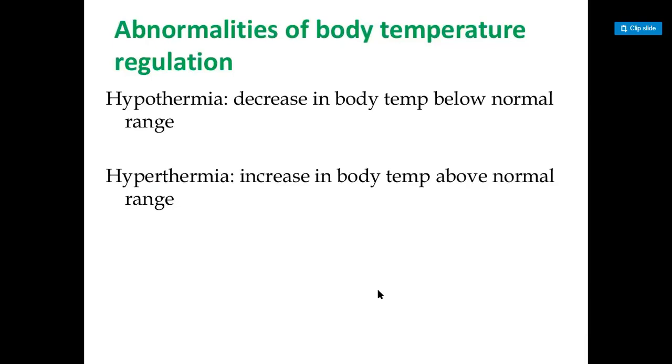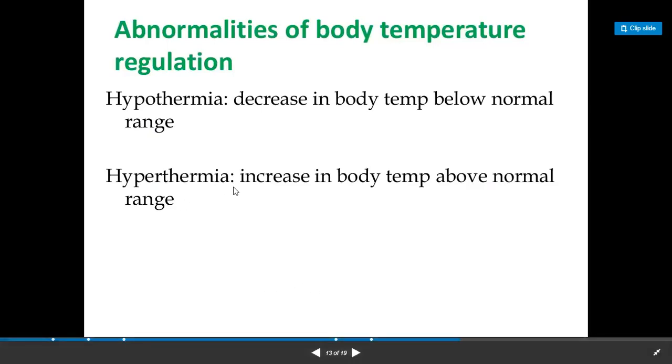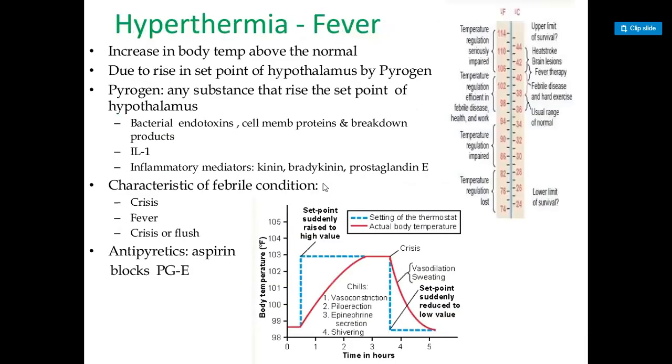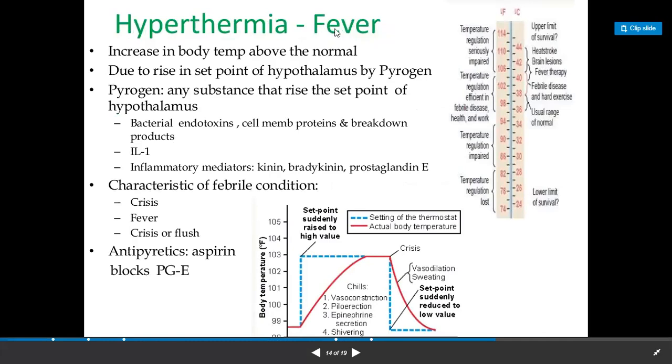And if your body is not able to regulate that temperature, then you are in a state of hyperthermia. And once this hyperthermia continues and your body cannot regulate it, it now leads to fever. So hyperthermia will now lead to fever. And once you have that fever, you need to take a drug or something to try to bring it down. So this is hyperthermia, fever.